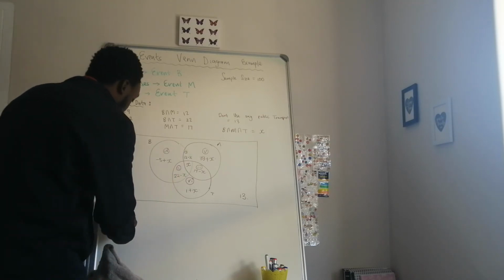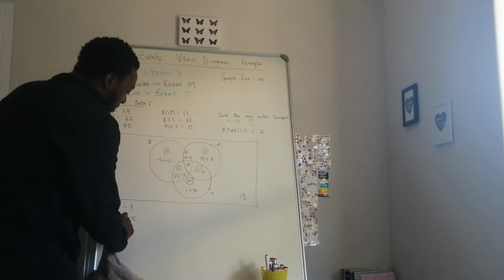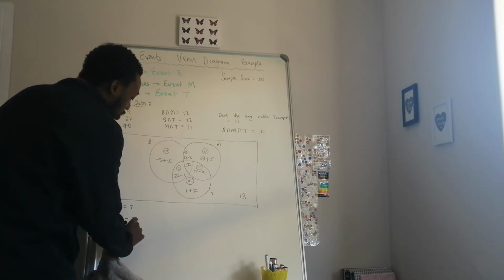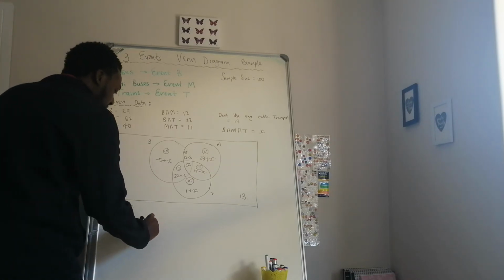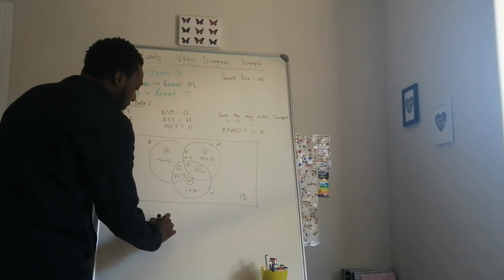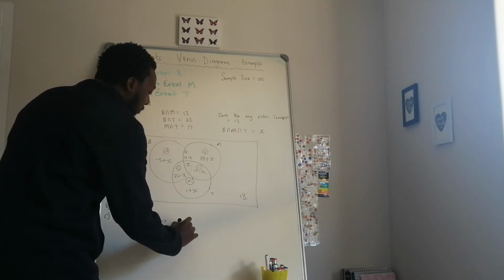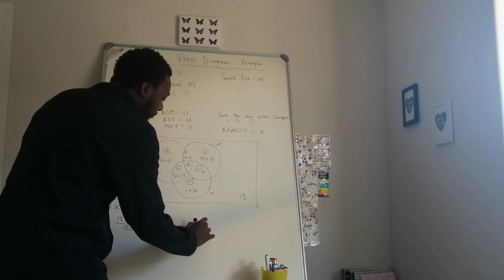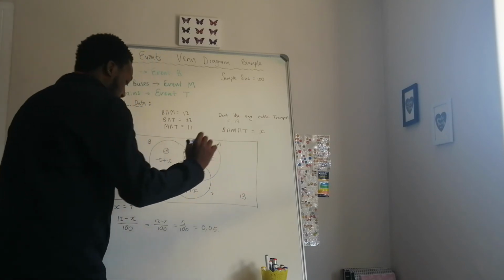So that area is just 12 minus x divided by the total sample, which is 100. 12 minus x, the x is 7, so it's 12 minus 7 over 100, and this is just 5 over 100, which is 5%, right?